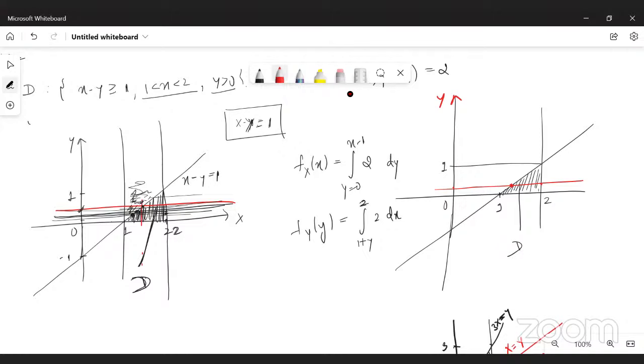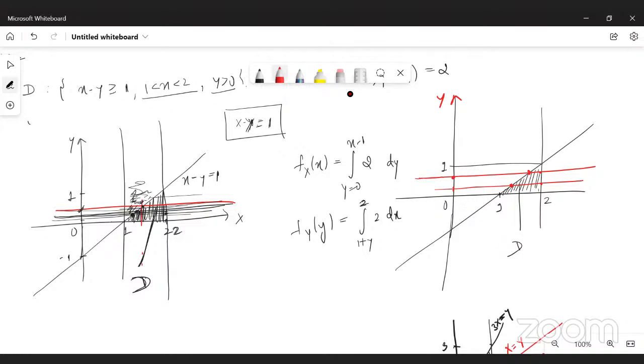X can go max. X is going from this point to 2. Now if I'm fixing this y over here and I am drawing a horizontal line, now how is your x varying? It is varying from this point to 2 again, right?